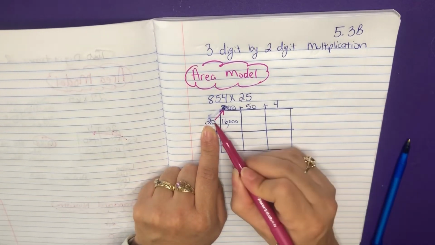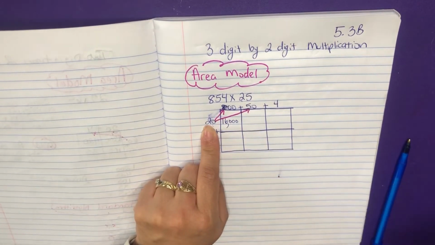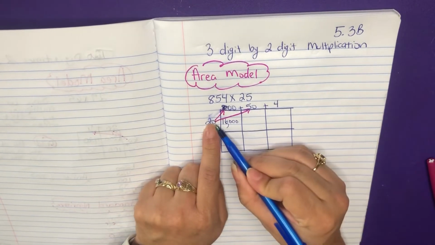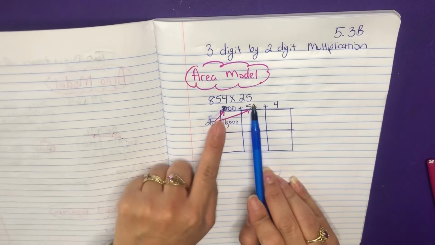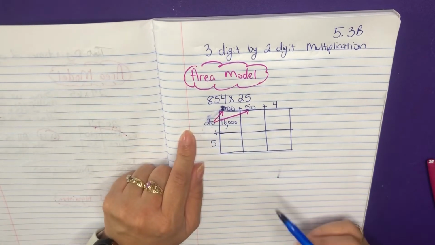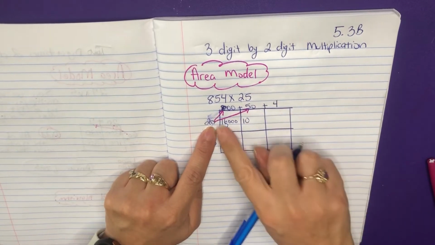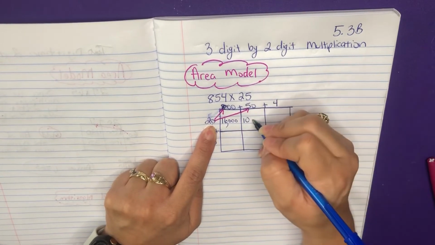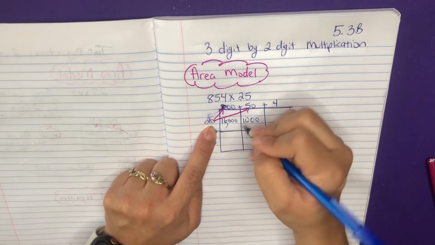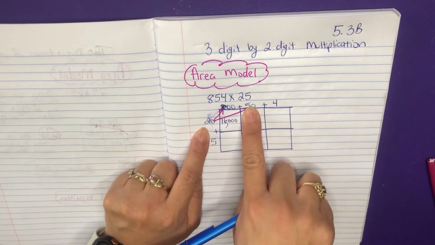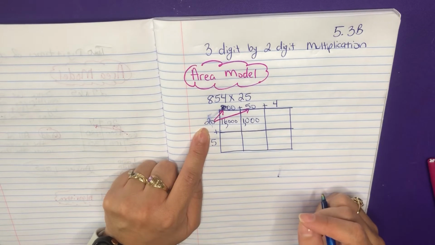Let's do the same, top to top. 20 times 5. If you don't want to see those big numbers, cover the zeros. What's 2 times 5? 10, right? And then 1, 2 zeros. So it's actually 1,000. 20 times 5 is 1,000.